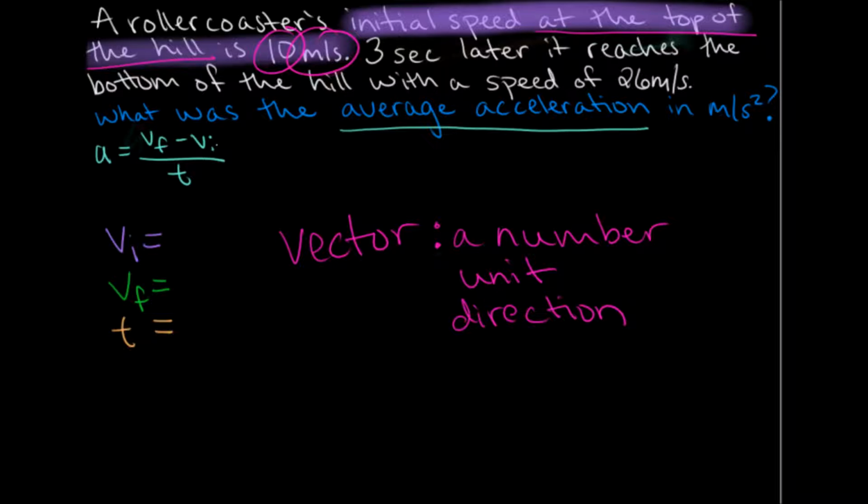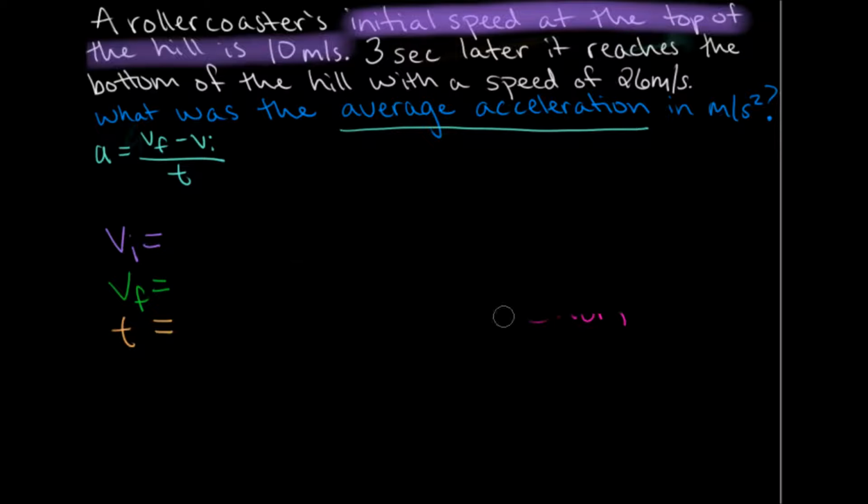So it's from top to bottom. That's a direction. Velocity and vector, you can kind of remember they both start with v. So velocity is always a vector. It's a number, a unit, and a direction. My initial velocity is 10 meters per second.